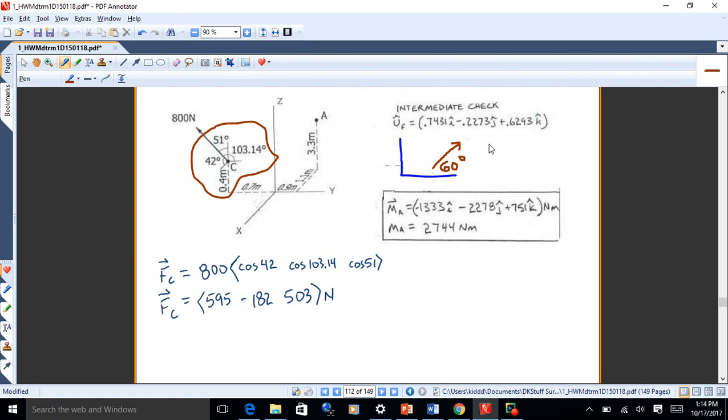So I take 800, the magnitude, times the cosine of the three angles. Easy enough, okay? And that'll get me a force vector at C. So we okay with that? So the first step there is to come up with a force vector. Okay.